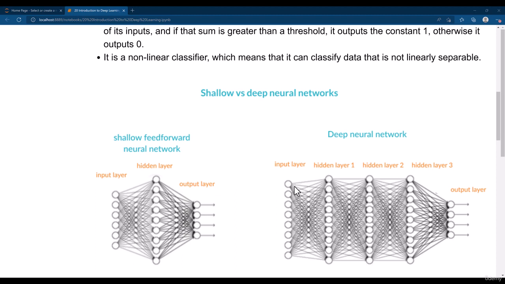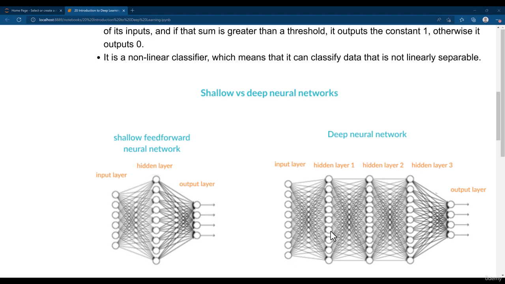And this line which you see there says that there is a connection from this neuron to this neuron. That means a signal is being passed from this neuron to this neuron and to all other neurons. And similarly, this neuron is also receiving signal from this input and all other inputs.